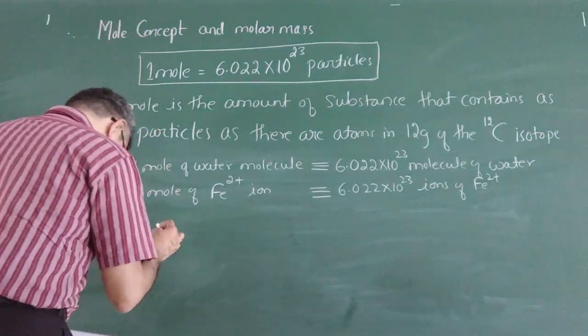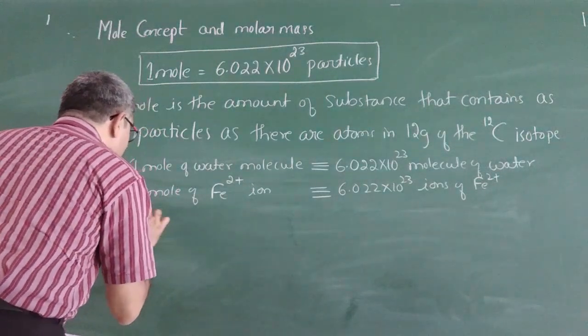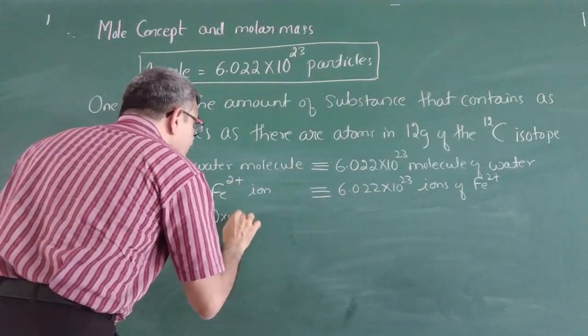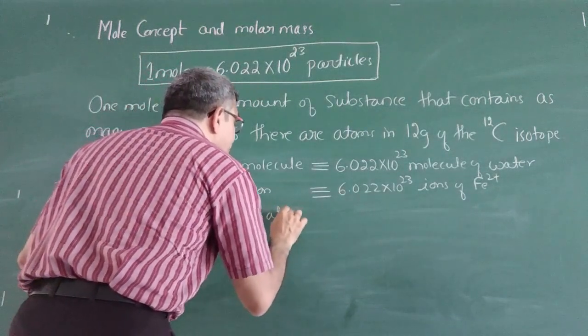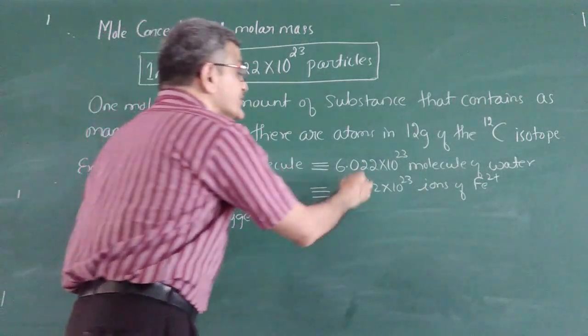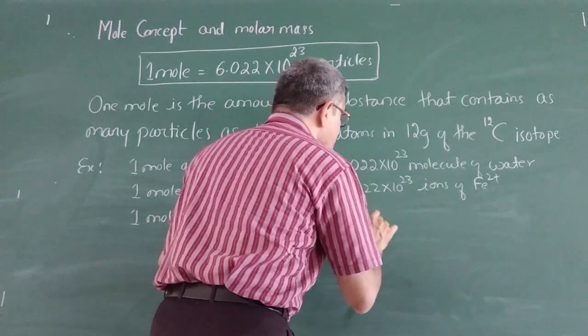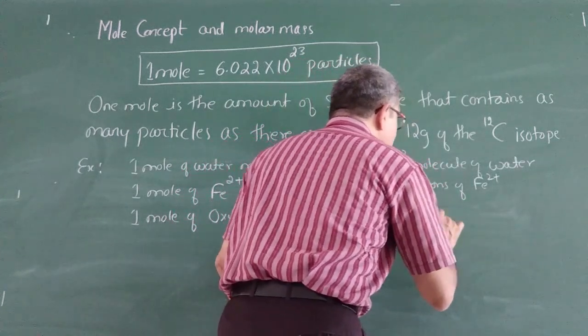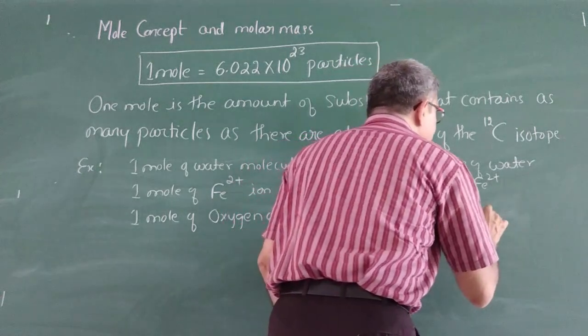Next, one more I take in terms of atom. 1 mole of oxygen atom is the same thing, 6.022 into 10 raised to 23 oxygen atoms.